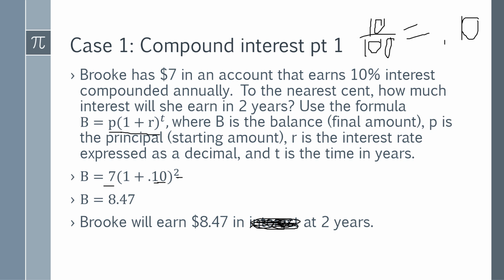Now, she started off at $7 and she went to $8.47. So the question is, how much interest did she earn? She went from $7 to $8.47. So when she did that, she went up $1.47. And that's the interest she earned.